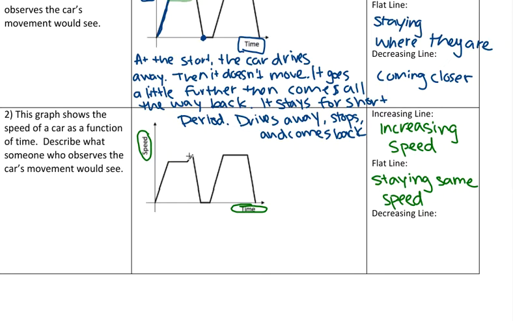And the decreasing line with speed, that means that they're slowing down. So if you're going to see what someone would see here, maybe type it because my handwriting isn't very good.